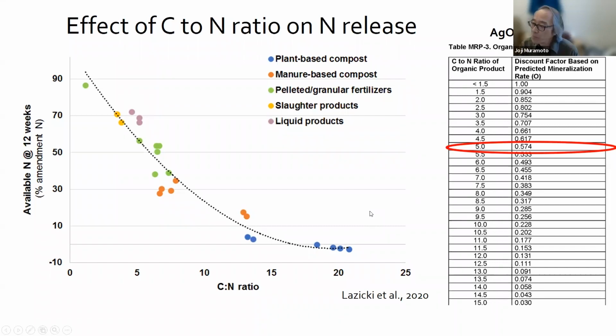So when you report nitrogen input for a C:N ratio 5 organic product, for example, you can multiply the total amount of nitrogen by 0.574, because this C:N ratio is 5, so only 60% becomes available. That is included in Ag Order 4.0 now for Central Coast growers.